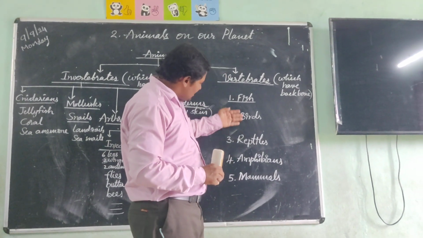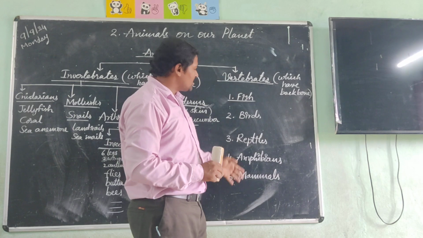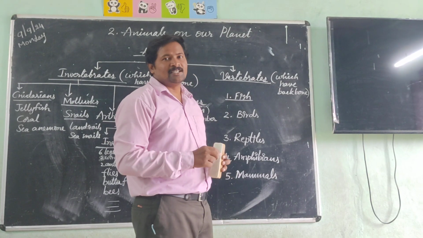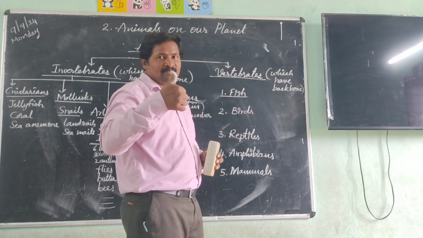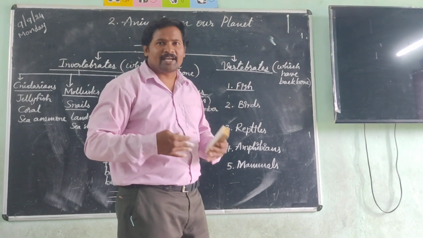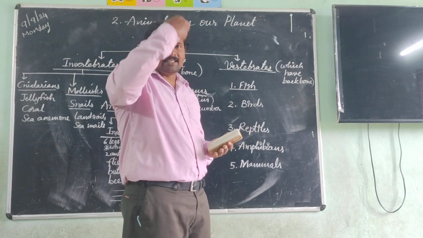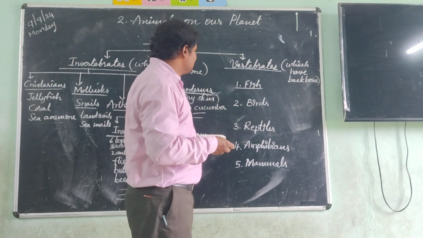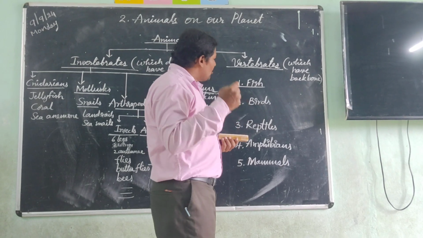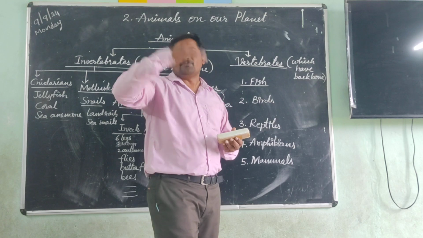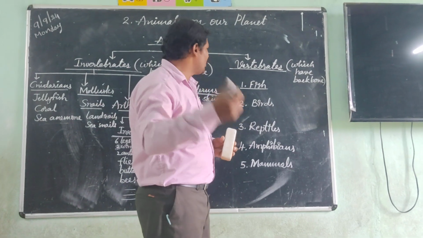To identify the differences between these 5 classes of vertebrates, I am taking 5 features: about skin, about legs and walking, their body structure, and how they move, whether they are walking or jumping or flying. One by one we'll see.